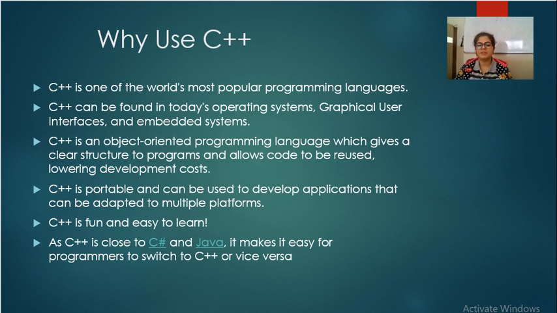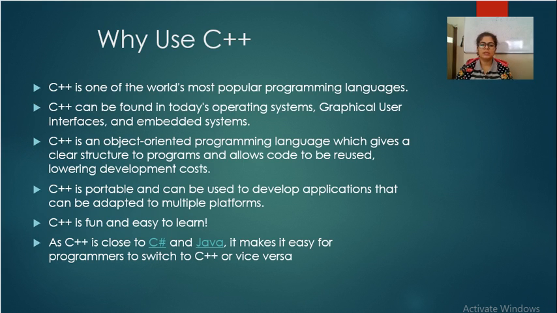So C++ is very close to C Sharp and Java, which makes it easy for programmers to switch between them. Once anyone has learned C++, it is easy for him to work with Java as well as C Sharp. So it is the base. These all are the reasons why we are using the C++ language.